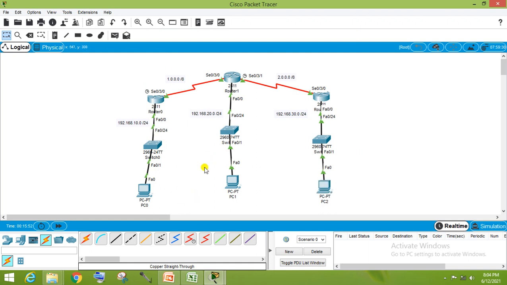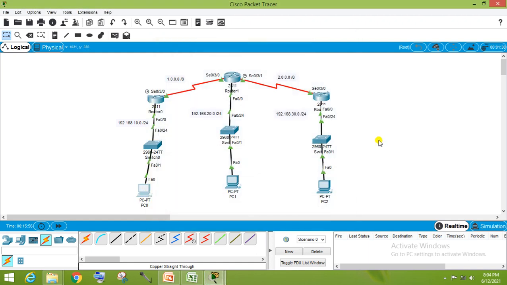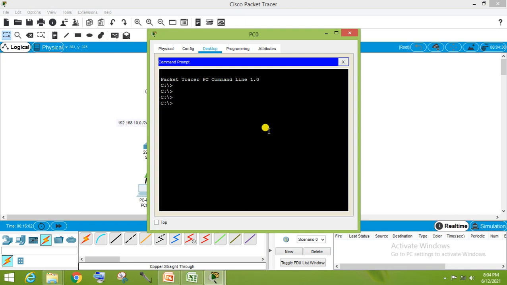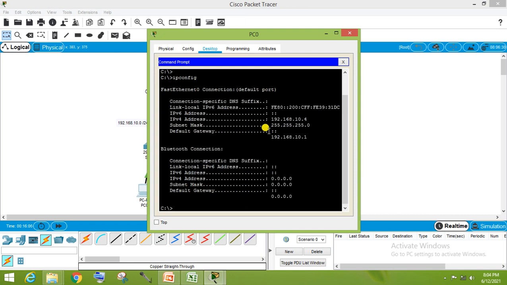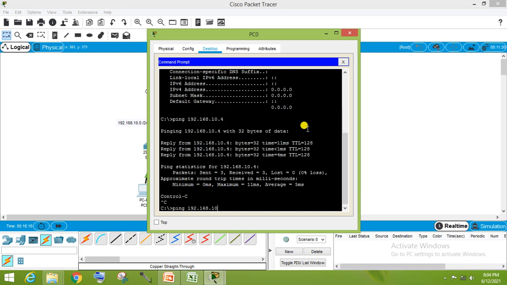Okay, now you can check. Log into the command prompt. What is the IP? 10.4, and ping 192.168.10.4. It's pinging. Now go to 30.4.